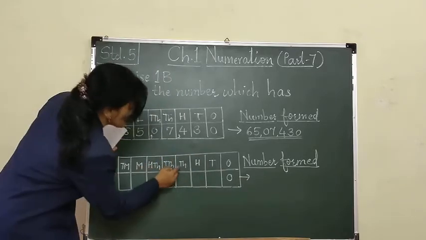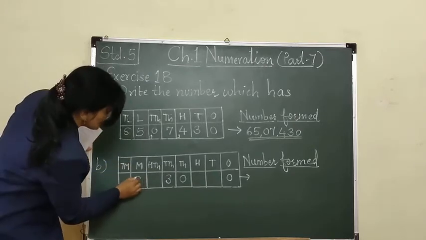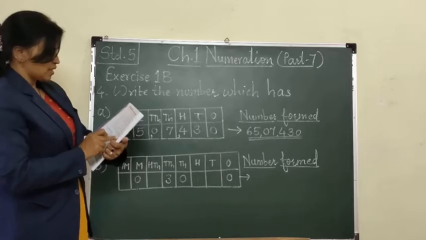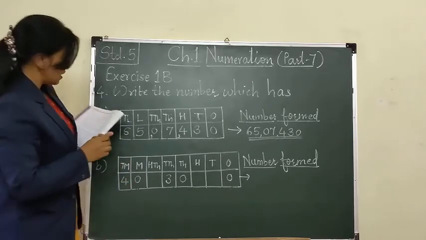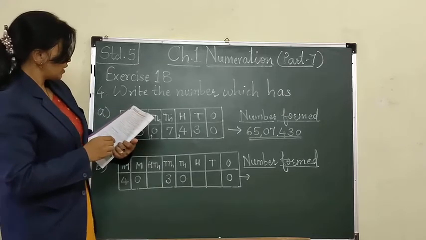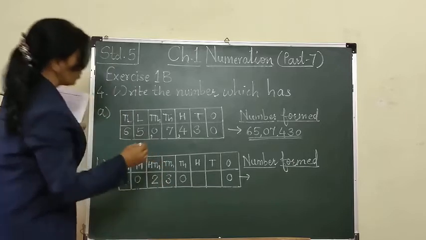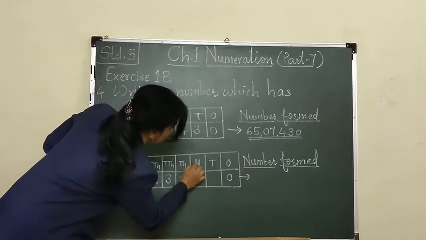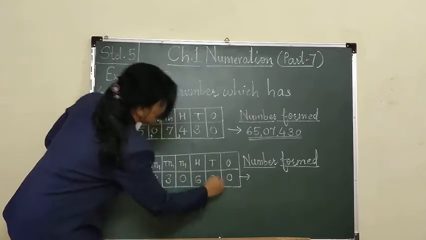Then thousands place again 0 here and millions place also 0 is there. 4 in 10 millions place. So 10 millions place is here, 4 is present in 10 millions place. 2 in 100,000s place. This is 100,000, you write 2 here. 6 in hundreds place, hundreds place 6 and 9 in tens place.